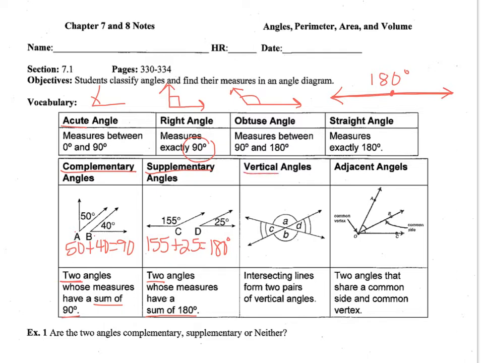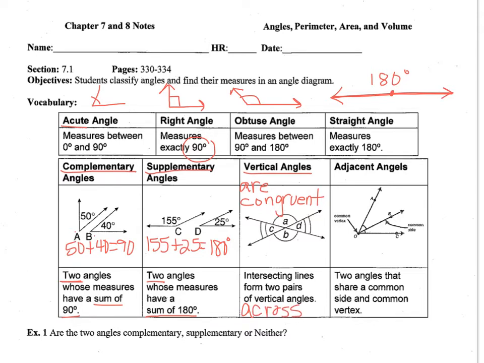Vertical angles are also helpful. These are my favorite because vertical angles are always congruent. Okay, so jot that down, congruent. This definition is not great, so I'm going to add: vertical angles are across from each other.